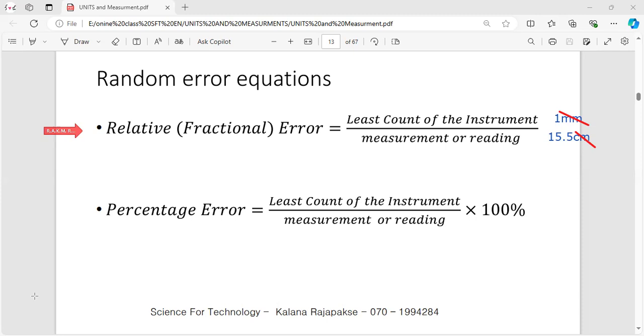So the percentage error is going to be 0.6%, right? Can write it down like this here. 0.6% is going to be there.